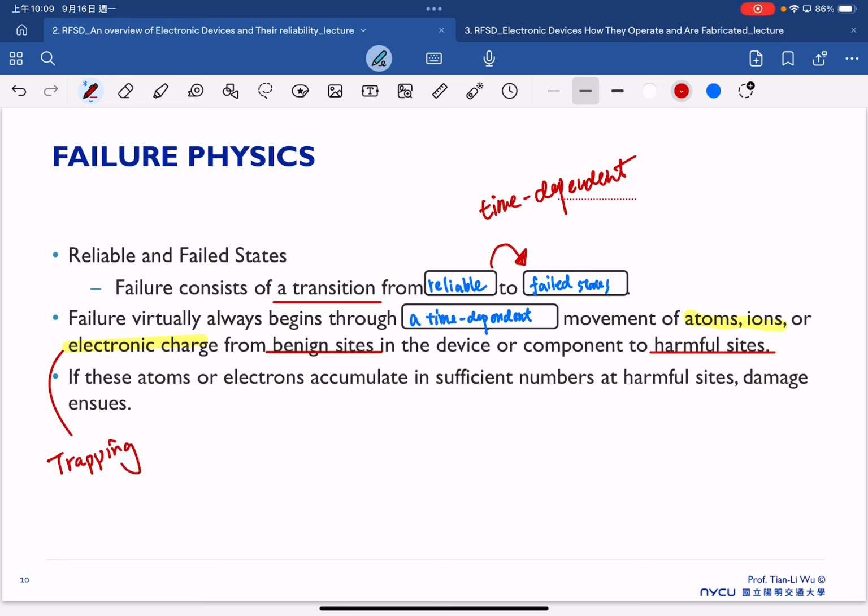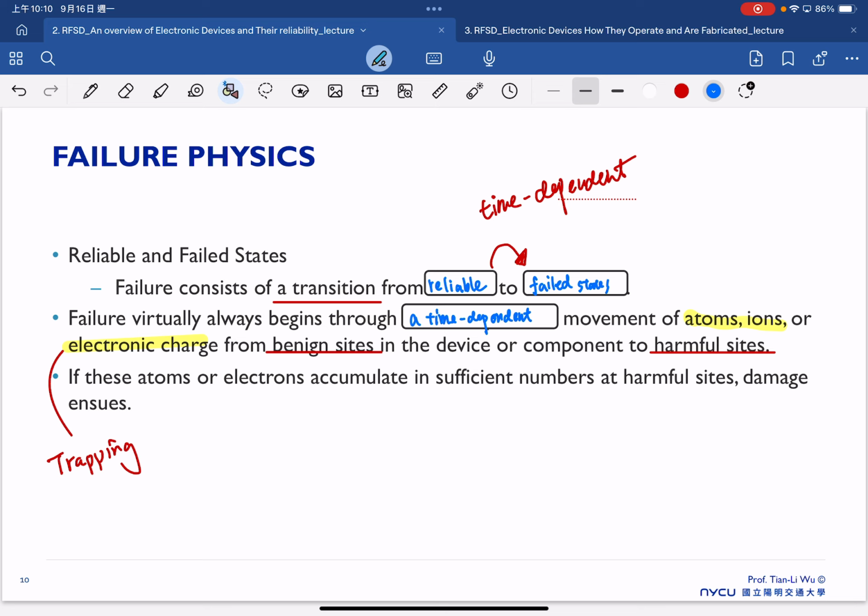So here, we need to consider what kinds of electronic charge movement can happen. If lost atoms or electrons accumulate in sufficient number on the harmful side, damage can happen. One example is that we can use a simple MOSFET to understand how electronic charge can move.